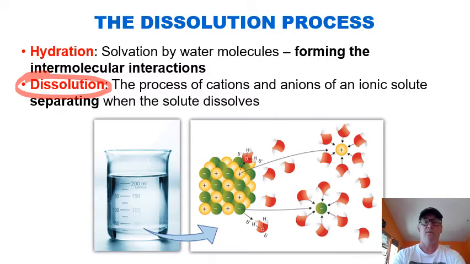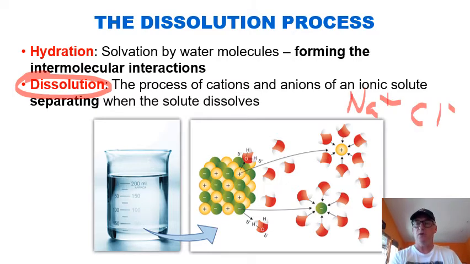That's when, so initially you start forming these ion-solvent interactions, and then basically you form enough of them and you pull the two ions apart. So that's when you get sodium and chloride completely separating from each other.